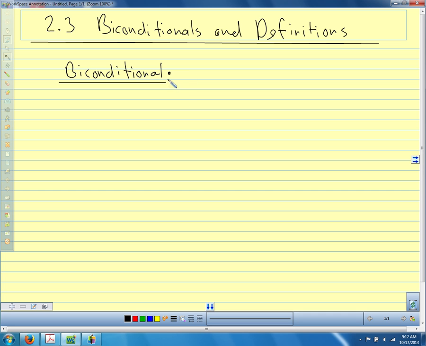A biconditional is a combination of a true conditional, because if we don't start with a true conditional, then it's not really something that we want to work with, and its true converse.